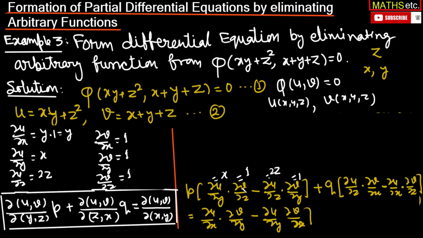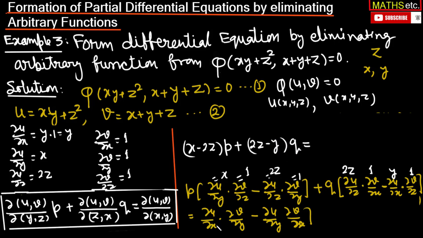So this becomes x minus 2z. We get x minus 2z multiplied by p plus del u over del z, which is again 2z. This value is 1. This value is 1. Del u over del x is y. So the second term will be 2z minus y, multiplied by q.